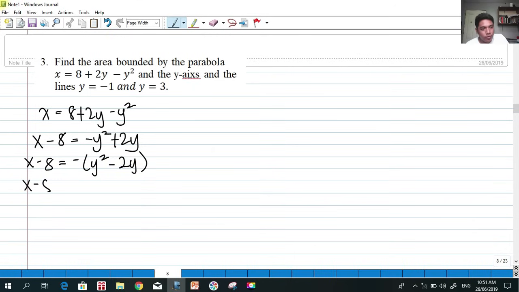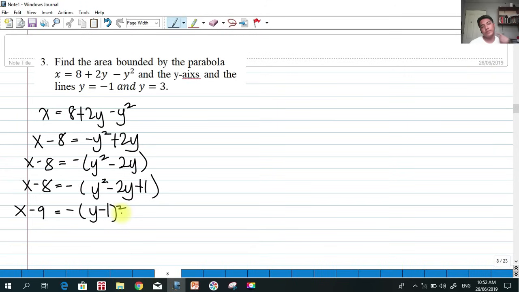Then we perform completing the square here. So y squared minus 2y, divide the 2 by 2, that is -1, and -1 squared would be plus 1. Of course, if you add 1 here, it has a negative sign, so you must subtract 1 here, such that the left side of our equation becomes negative y minus 1 squared.